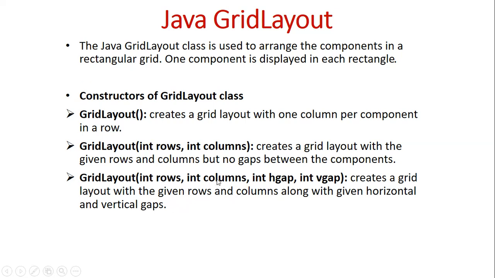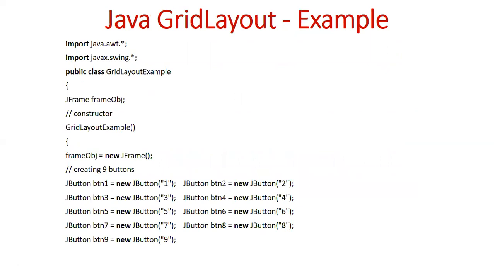The first 2 arguments represent the number of rows and columns, whereas the third and fourth arguments represent the gap between the components in the horizontal and vertical directions. So it creates a grid layout with the given rows and columns along with the given horizontal and vertical gaps.